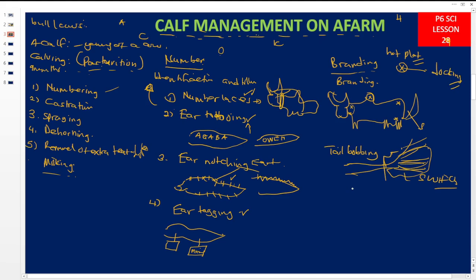Then again there is what we call gluing. This gluing is the shaving of hair around the vulva. So you shave that animal, shaving of hair around the vulva, that is gluing. If this is the animal, just like this one, this is the vulva, these are the legs.